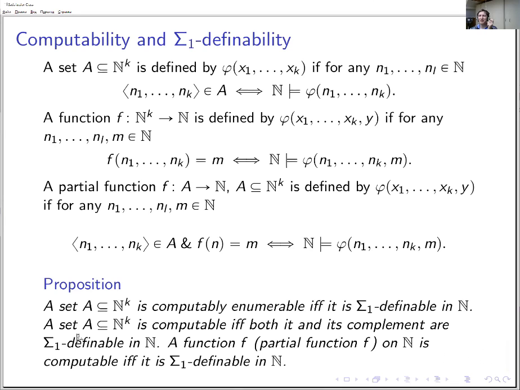Back then there was still no Church-Turing thesis, so it's perhaps not completely fair to attribute this, because they did not have the notion of computability in the modern sense.